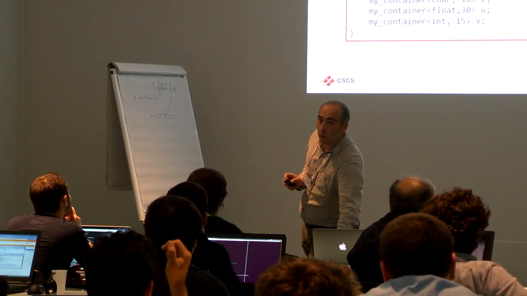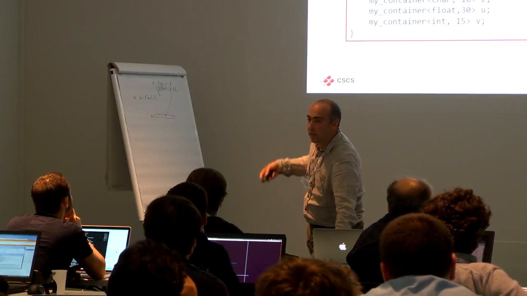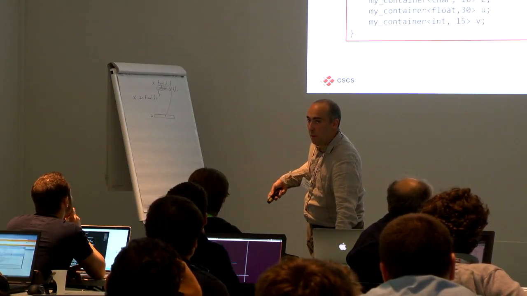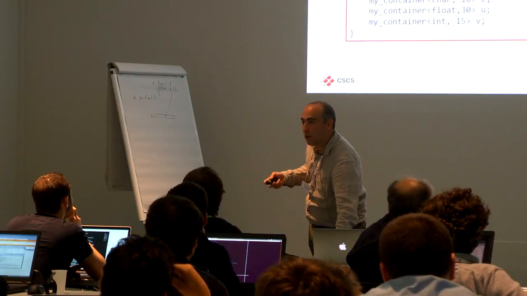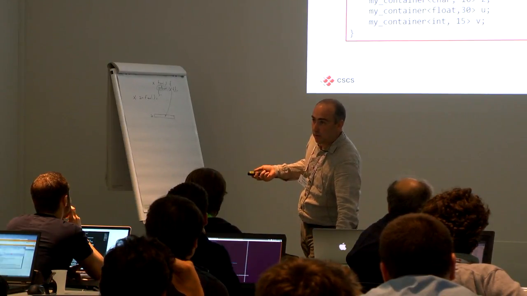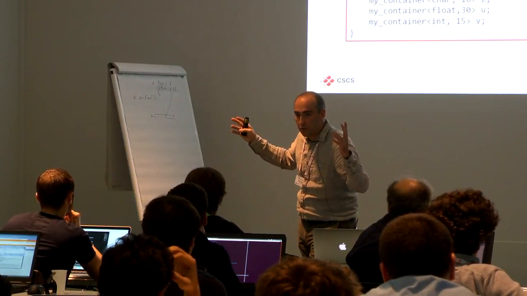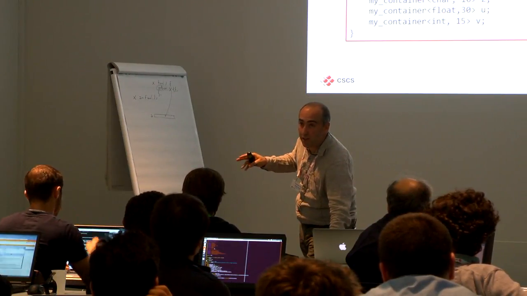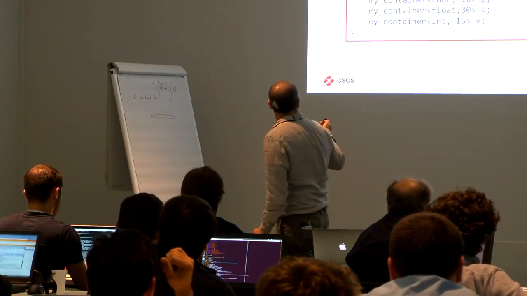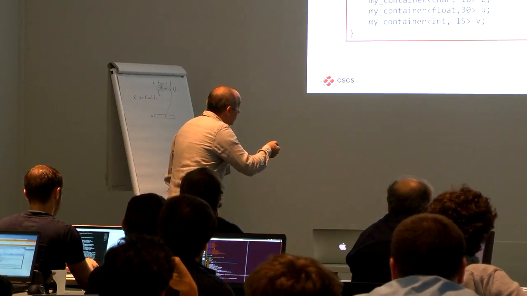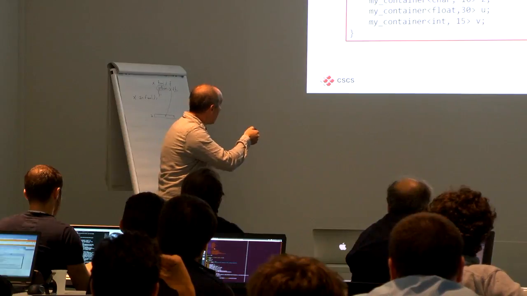So when the template is instantiated, it will always go and search for the primary template, which must be available somewhere. That is the prototype of your function, of your class. So first, in all these cases, it goes and searches where is the primary template.